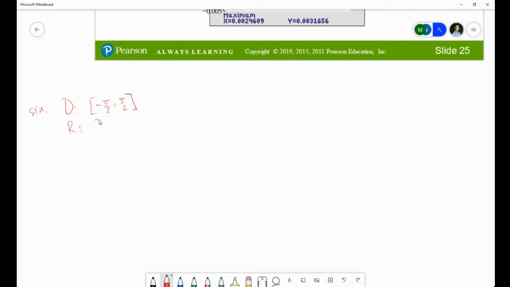And then our range isn't really a restriction. Range is negative 1 to 1. So for sine inverse, this is what I'm asking for. This is negative 1 to 1, and then the range is negative pi over 2 to pi over 2. So in order to know this, you need to know this. You see how they just switch?